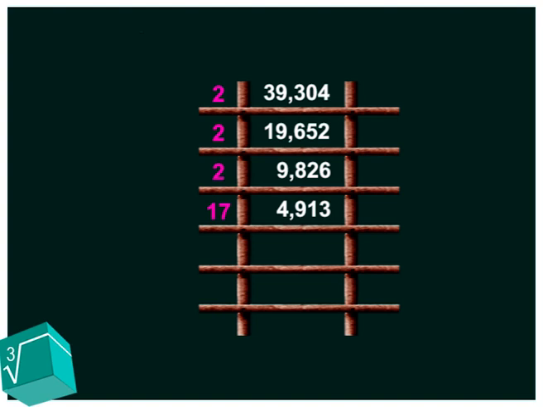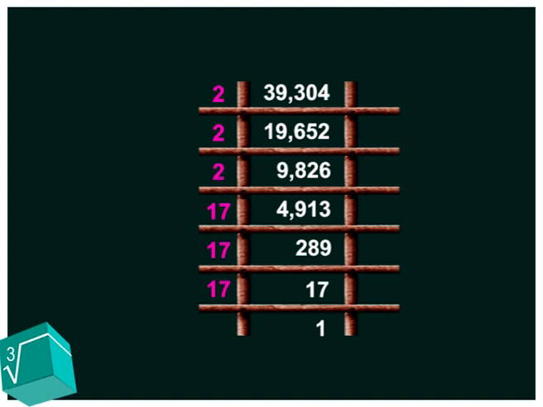Write 17 to the left of 4,913 on the ladder and do the division. We get 289. And continuing in this manner, we will reach 1 after dividing 289 by 17 and again 17 by 17. Our ladder is complete here because we have reached 1.